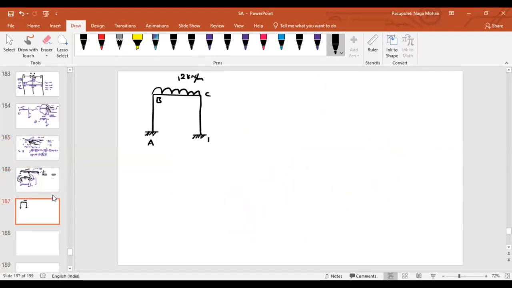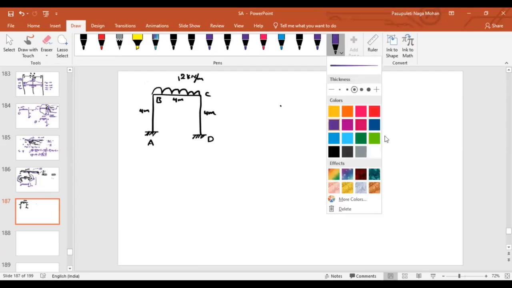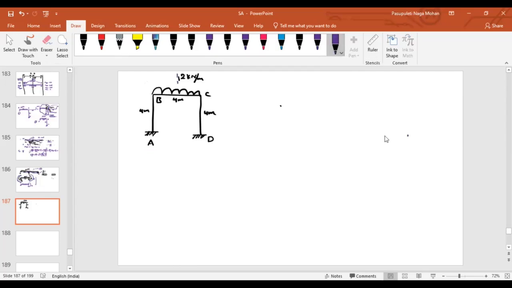Similarly, what is the difference? Here also, can I apply the advantage of symmetry or not? Yes, sir. For the dimensions of 4 meter and 4 meter, if you apply the symmetry, but what is the difference between the previous case and the present case?